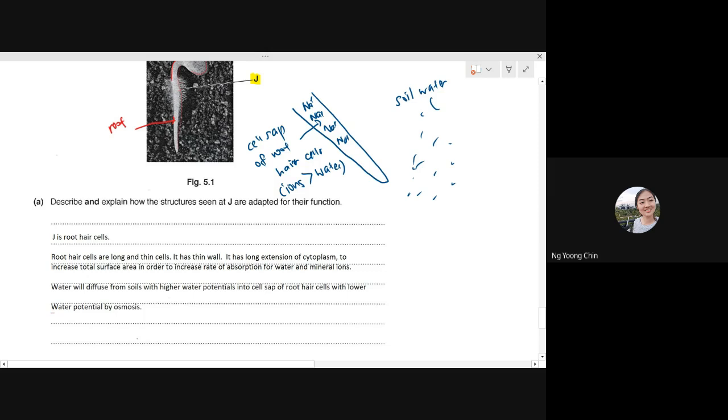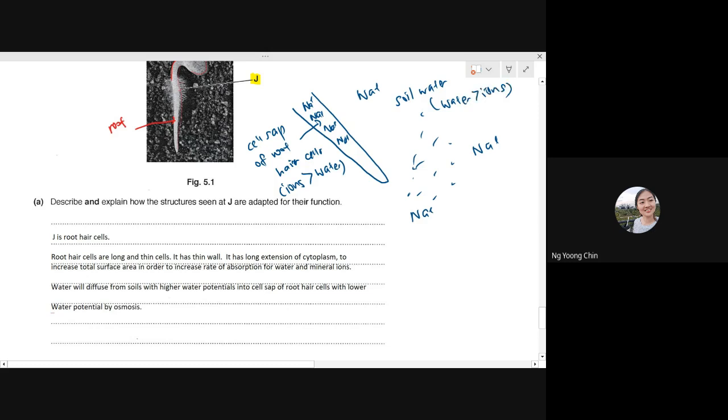Then how about soil water? Soil water does have sodium, just a very small amount, not as high as the cell sap inside the root hair cell. So the soil water has more water compared to ions.